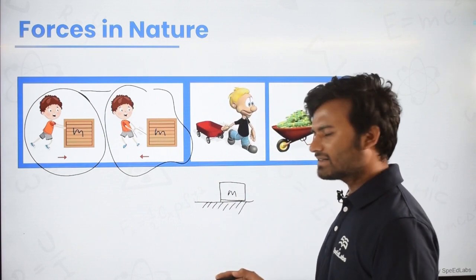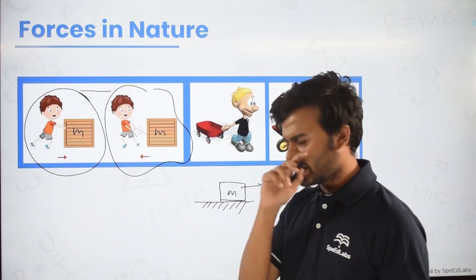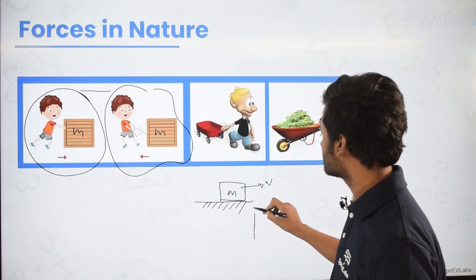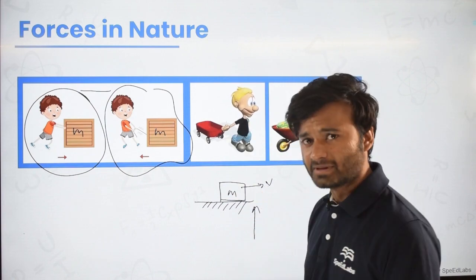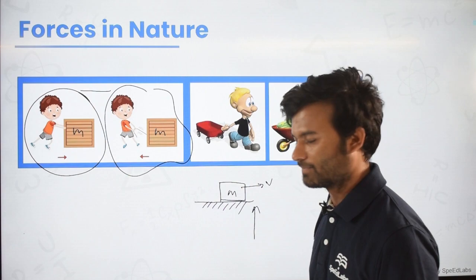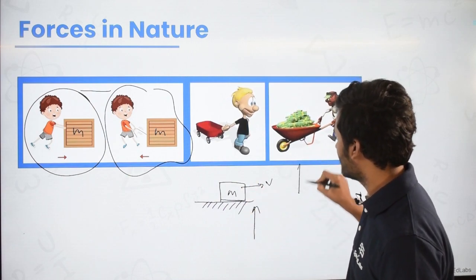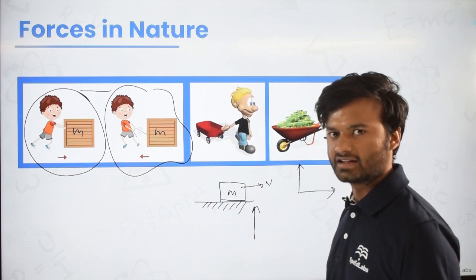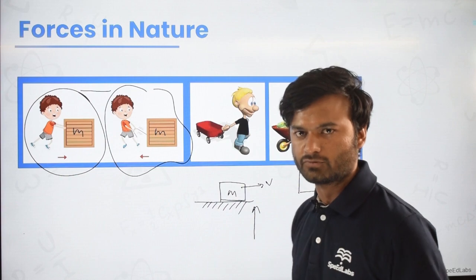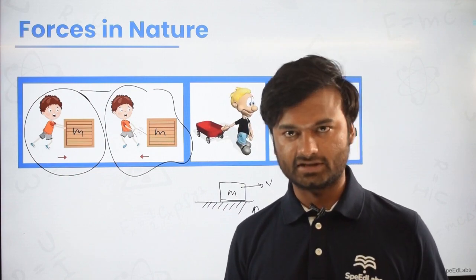It is moving with some velocity v to the right-hand side, and if I apply a force vertically upward, what will be the final velocity of this block? The block will get a velocity in the upward direction, as well as its previous velocity to the right. So force can also change the direction of an object.